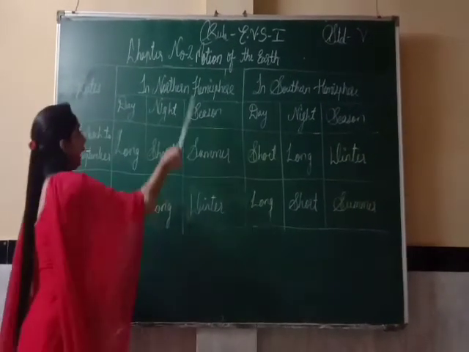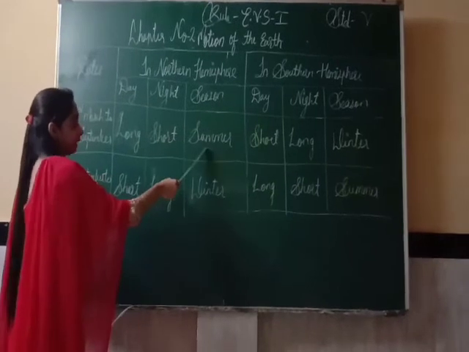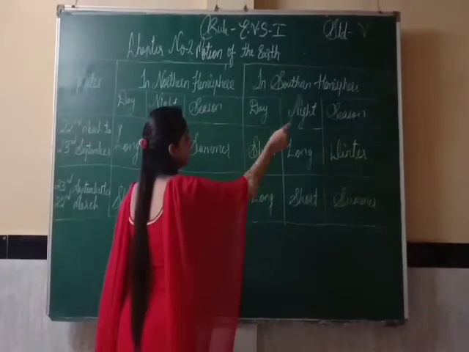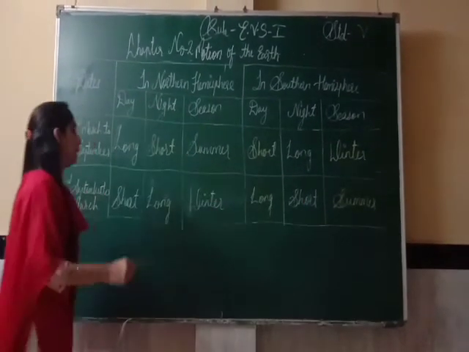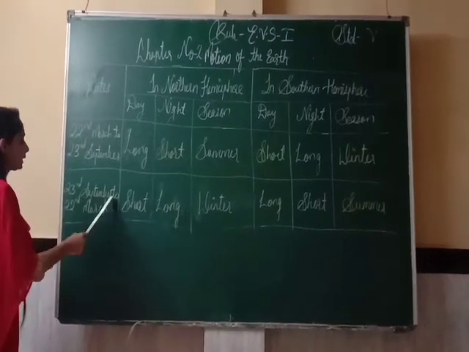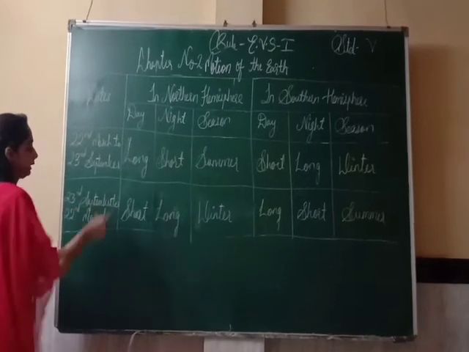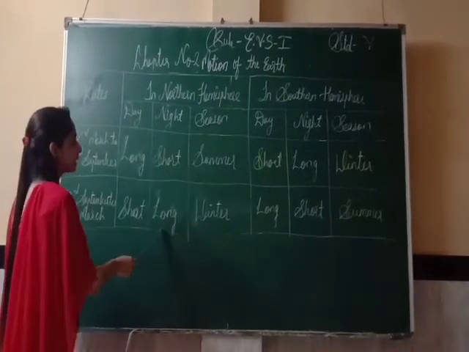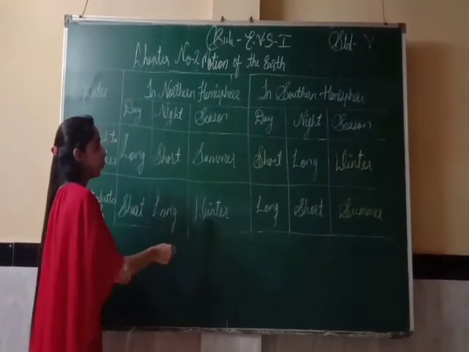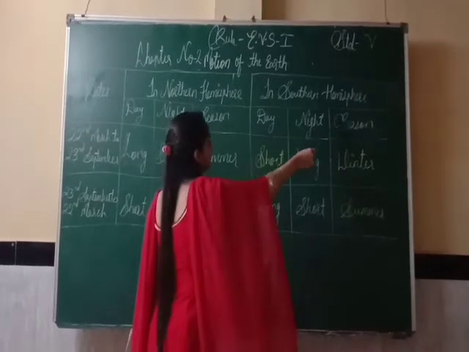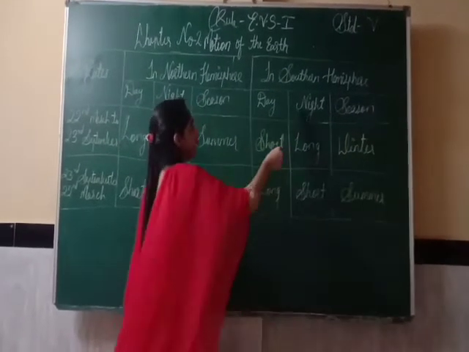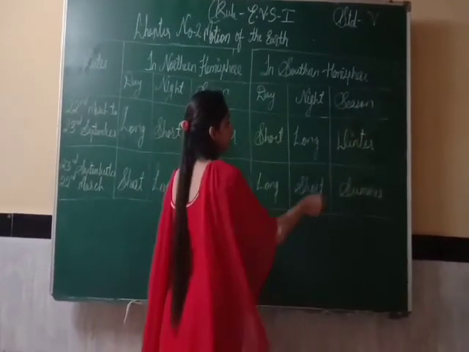Next, from 23rd September to 22nd March, in the northern hemisphere day is short, night is long and season is winter. And in the southern hemisphere day is long, night is short and season is summer.